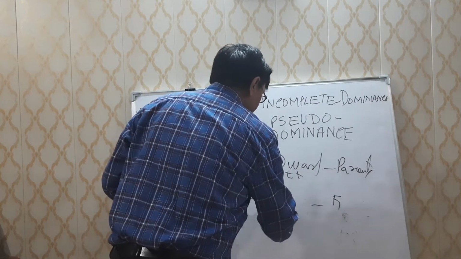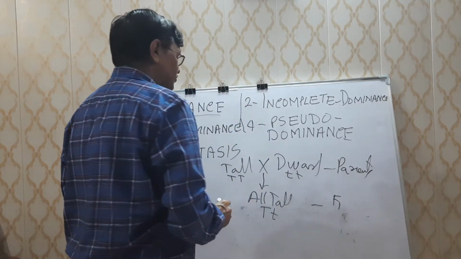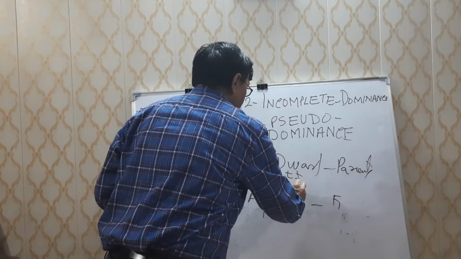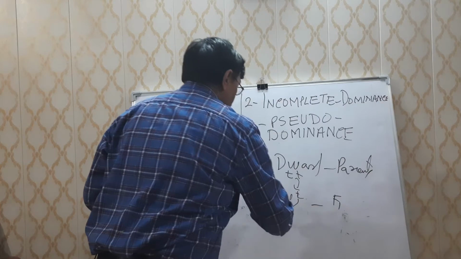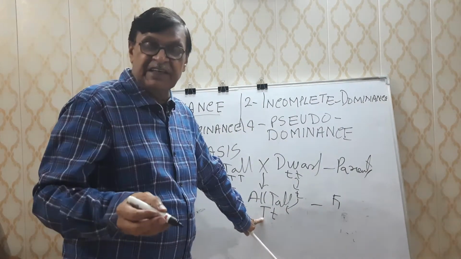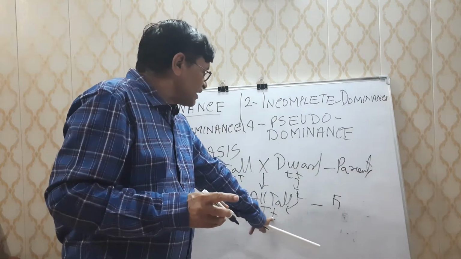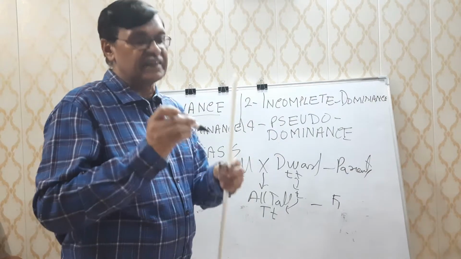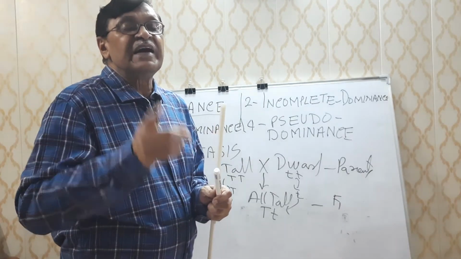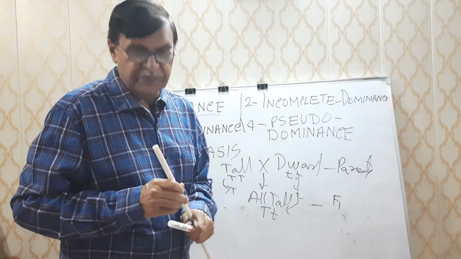This F1 individual will contain 1 factor for tallness, 1 factor for dwarfness. So here this factor will succeed in expressing itself. It is called dominant character. The other one which fails to express itself is called recessive character. Here both are intra-allelic. They are alleles of each other.